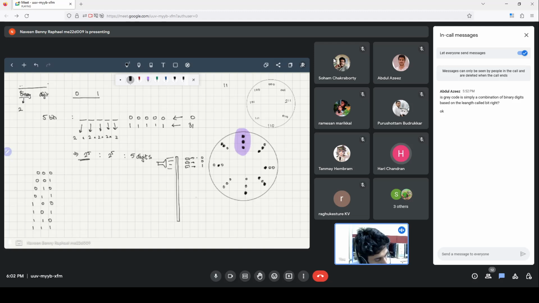And we know 001 means it's the first one. Similarly, if these two are the only ones which receive light, then we get a 011, and that is a 2. Does that make sense? This is how we'll use gray code in real life.